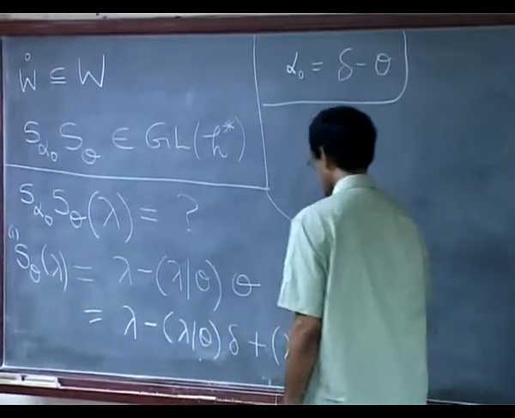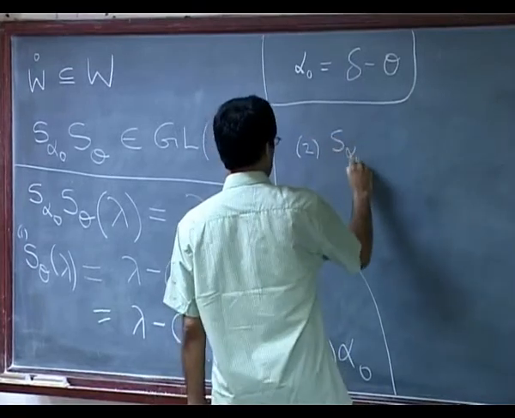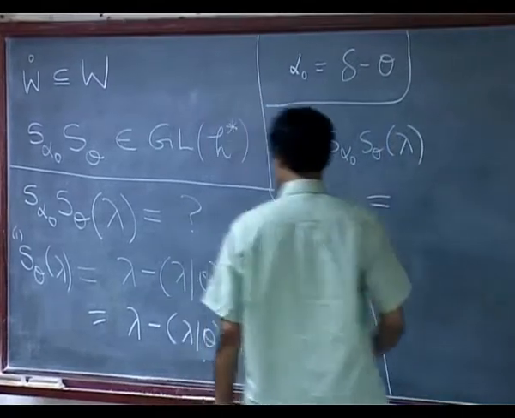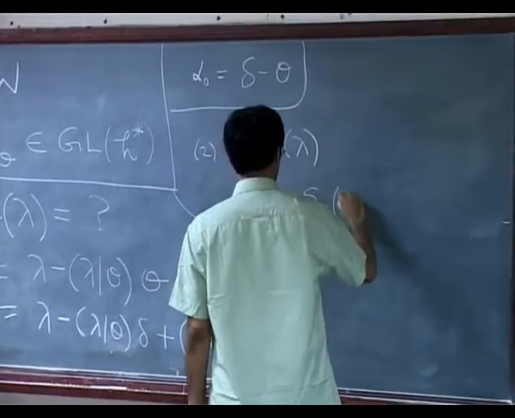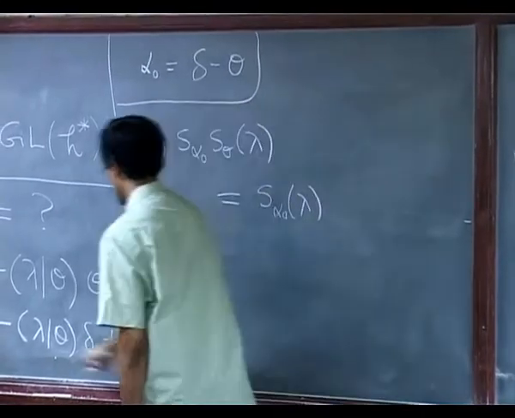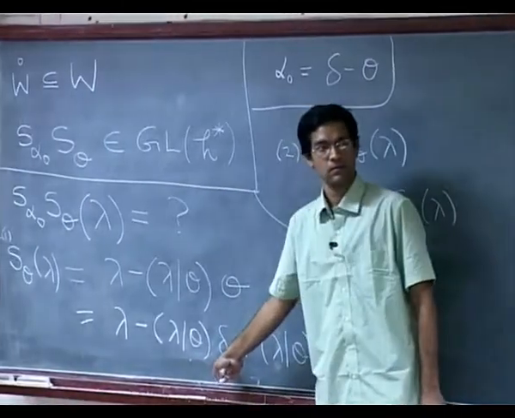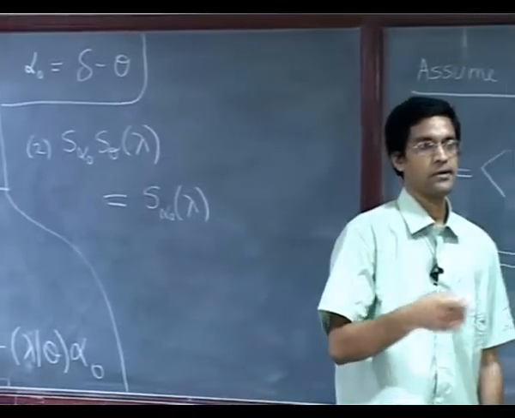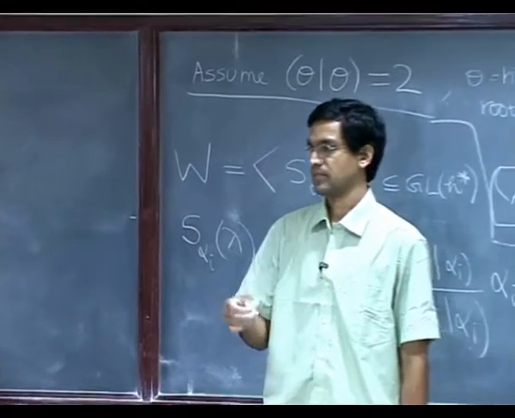So, step 2 is to act S alpha naught. S alpha naught S theta lambda becomes S alpha naught of lambda, minus some scalar times S alpha naught of delta. So, one needs to figure out how the simple reflection S alpha naught acts on this element delta.